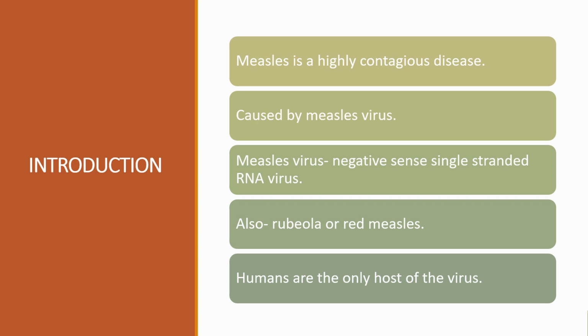Measles can lead to serious complications such as pneumonia and encephalitis. It's preventable by the MMR vaccine. This helps in curbing and preventing measles outbreaks. So it's very essential to have this immunization.